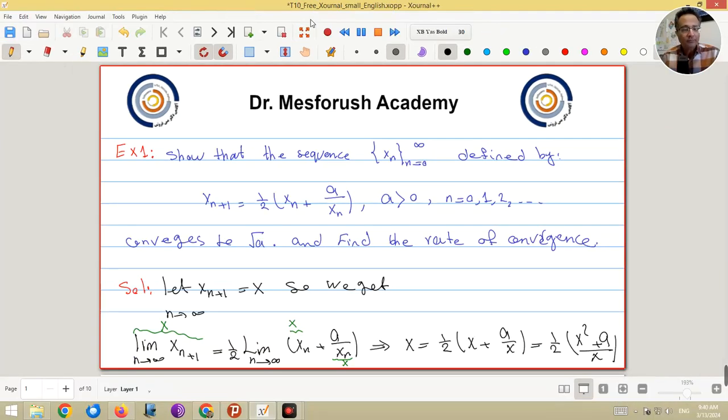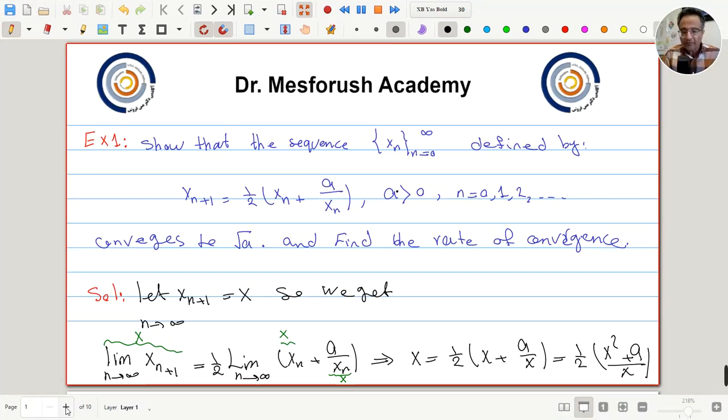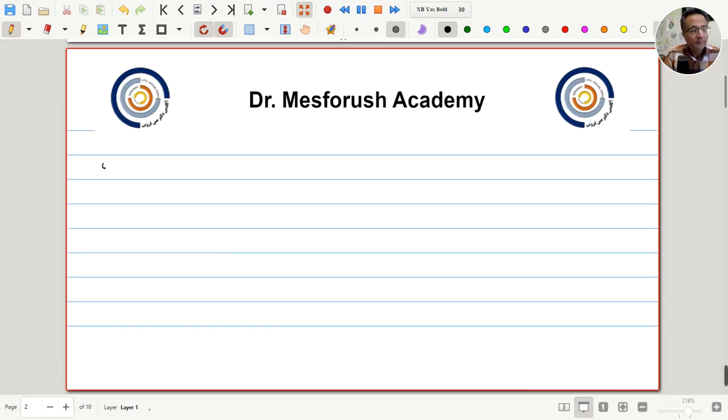Okay, now if we multiply both sides by 2x, we get 2x squared equal to x squared plus a, and this gives x squared equal to a, and this gives x equal to square root of a.